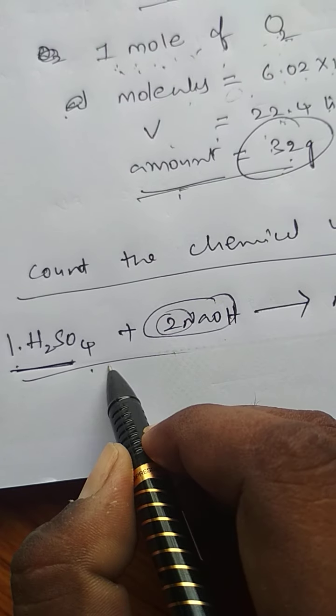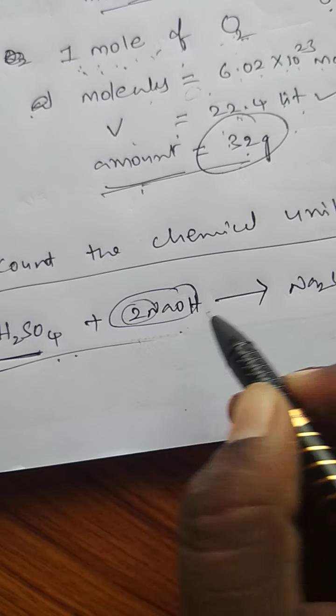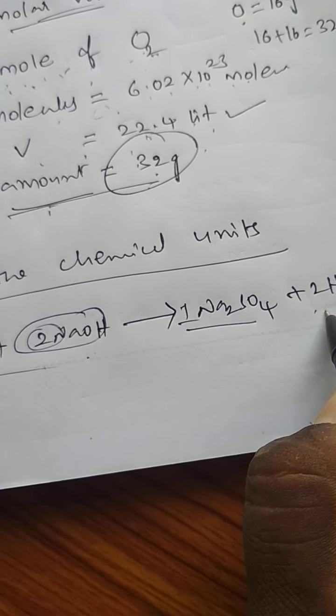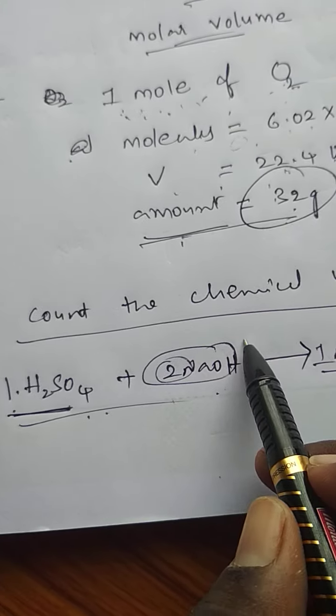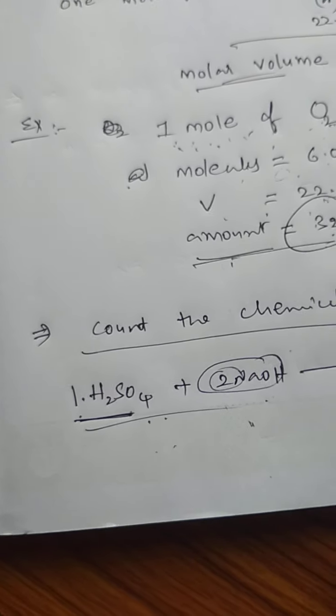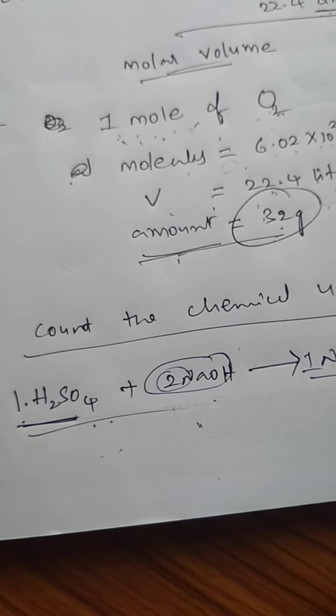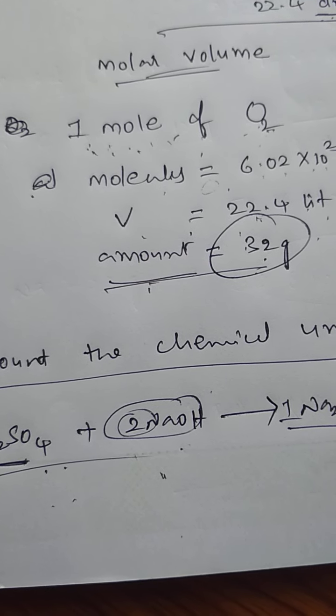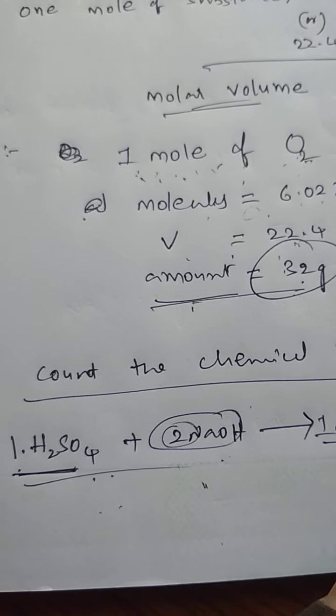Then we get 1 mole of sodium sulfate and 2 moles of water. Hence, mole is a number which is used to count the chemical units. In this way also we can easily calculate the number of chemical units. Okay. So in the next class we will discuss the problems regarding the mole concept.